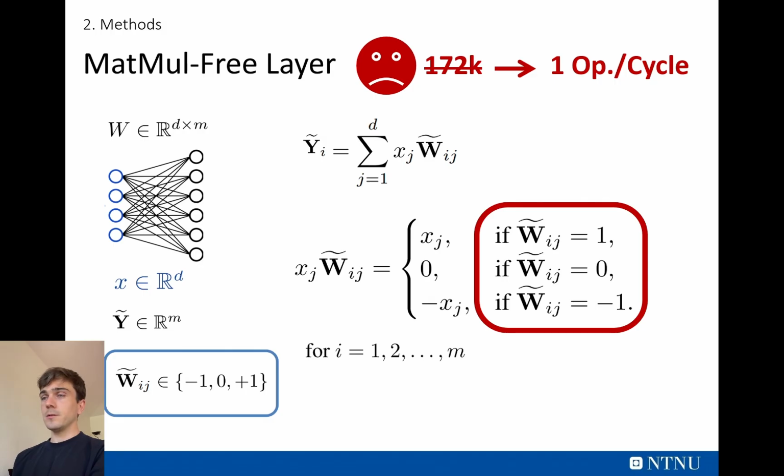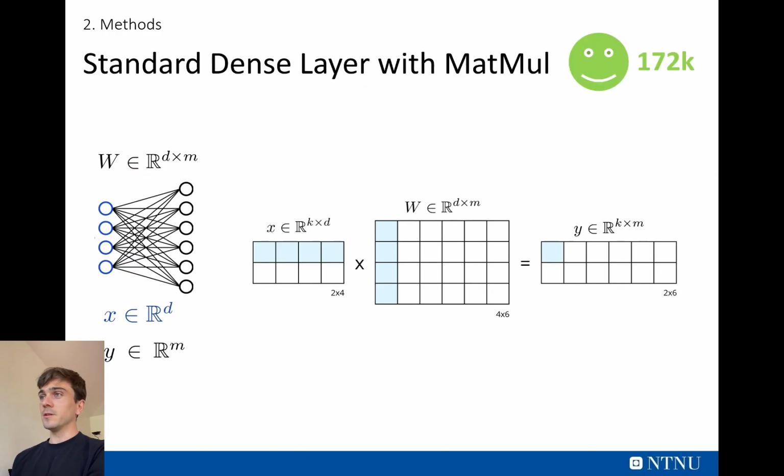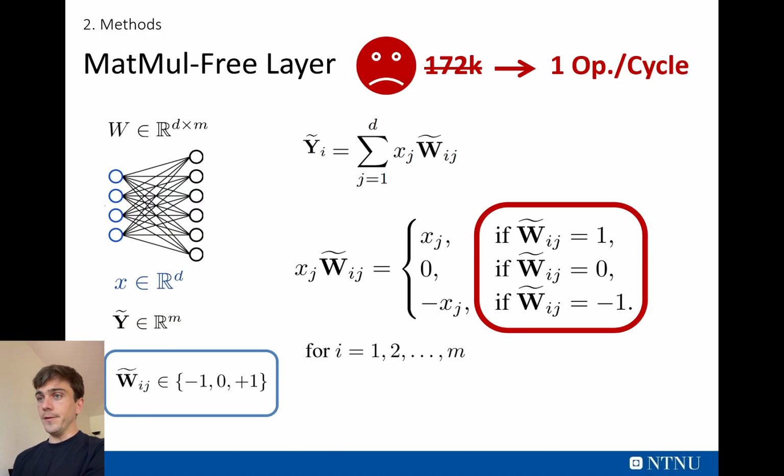which means that you are competing against 172K operations per cycle that are being efficiently used in the matrix multiplication layer.